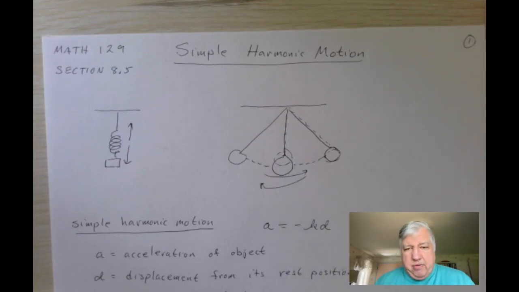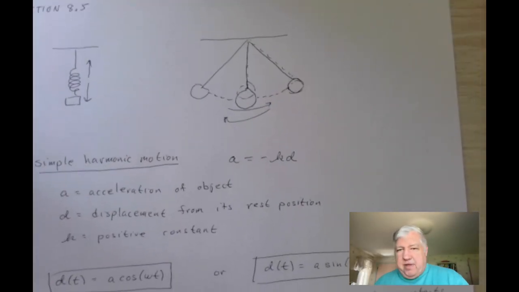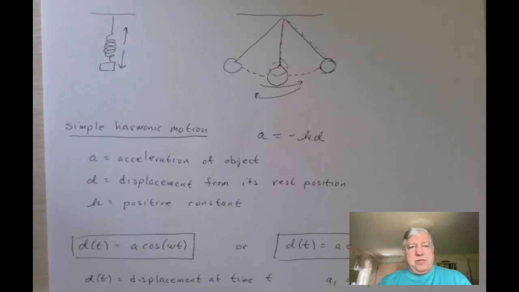Basically, we take an object at rest and set it in motion, and it goes back and forth, and its displacement from its rest position is modeled by what we call simple harmonic motion. You'll find more about this in a physics class or a class on differential equations.